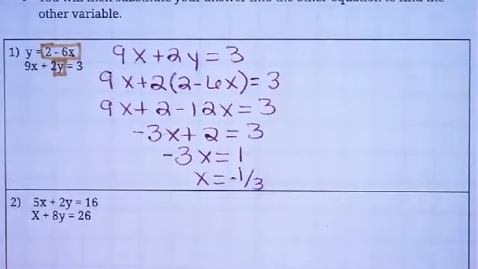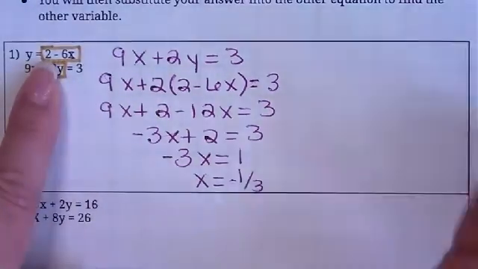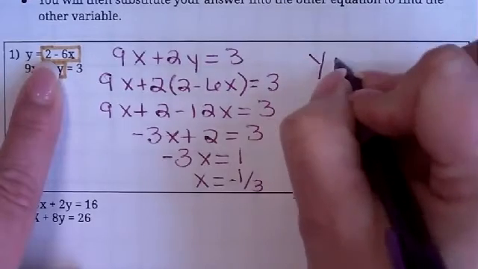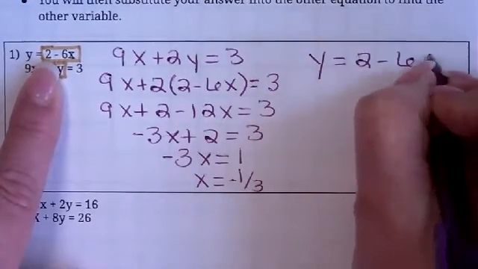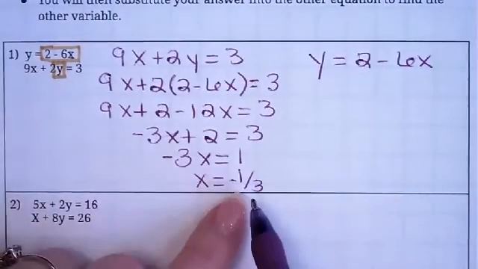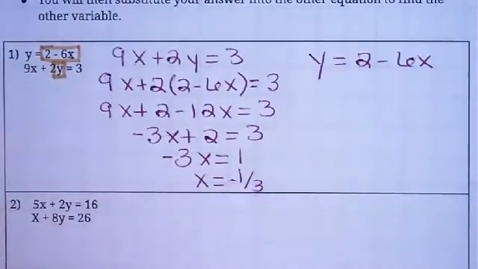Well, it's just like we did yesterday. We figured out what x was. Now I've got to figure out what y is. So what I'm going to do is return back to this first one, because remember, I'm trying to find y, and this one says y equals. Okay, so now in the second half of the process I replace the x with the negative 1/3.